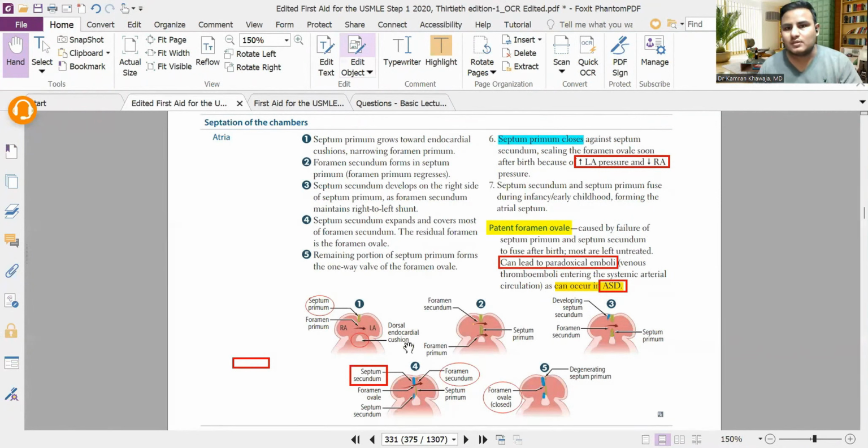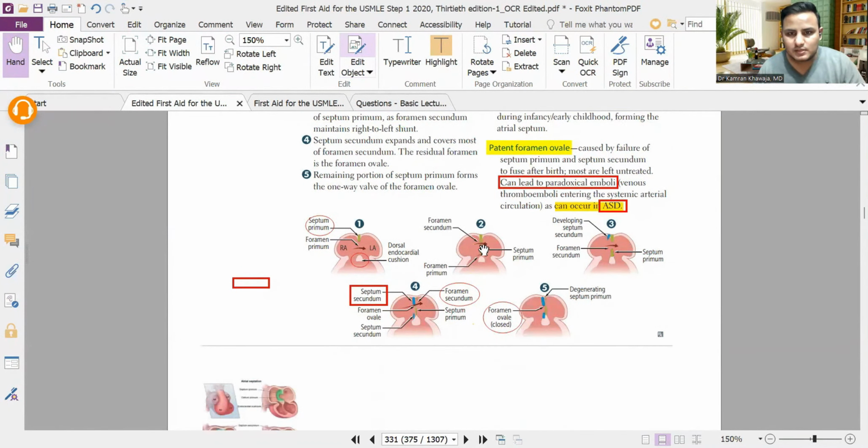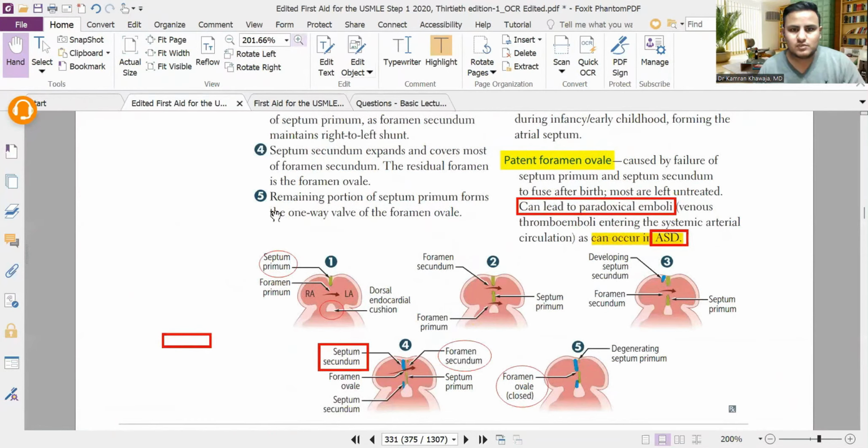Immediately the second septum, the blue one, the septum secundum, starts to appear and grows more and more.